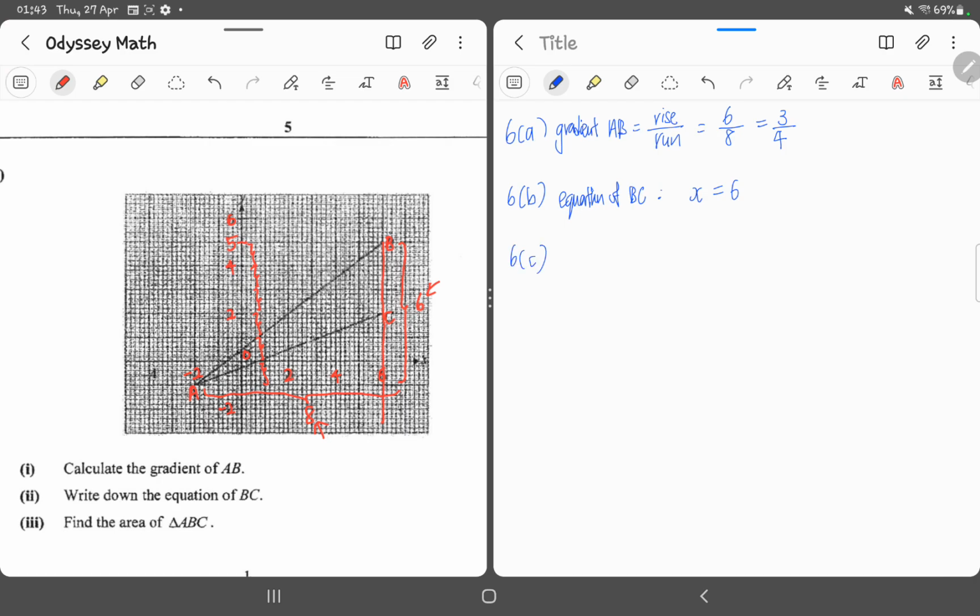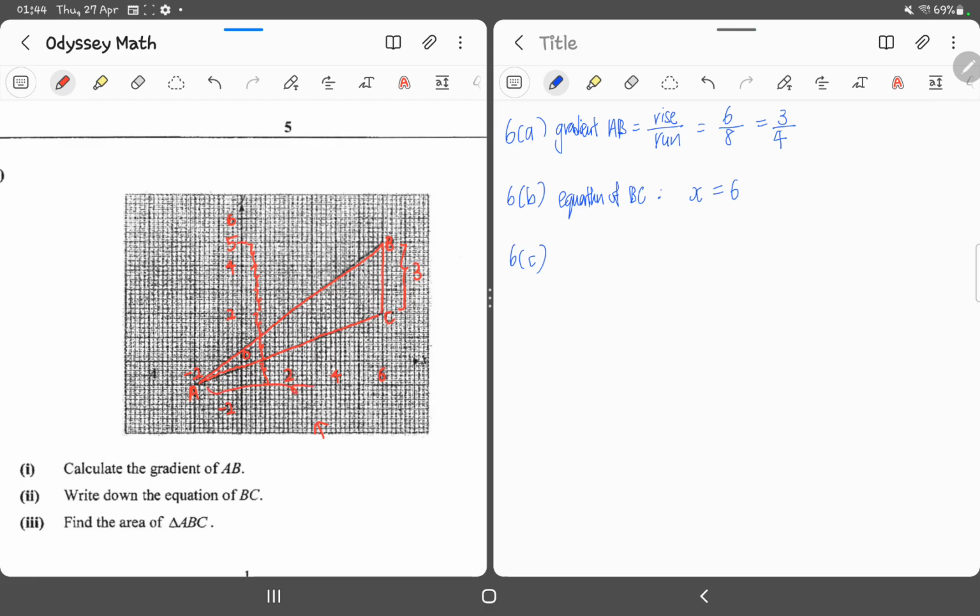6c, find the area of triangle ABC. So we need to find the area of this triangle ABC over here. This is something that we have done in primary school. The base, the length over here, is 3 units.